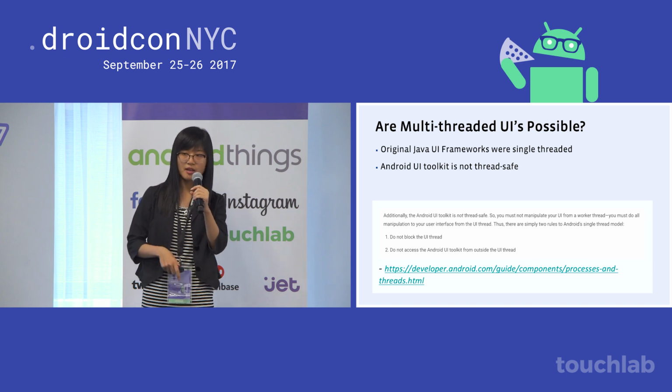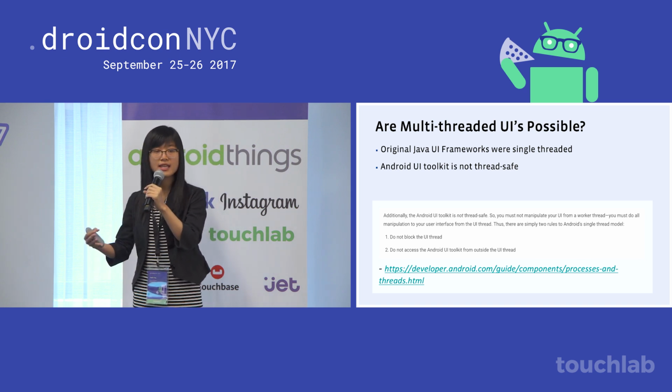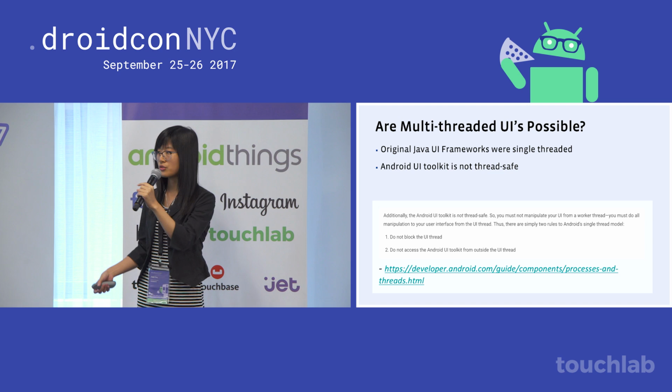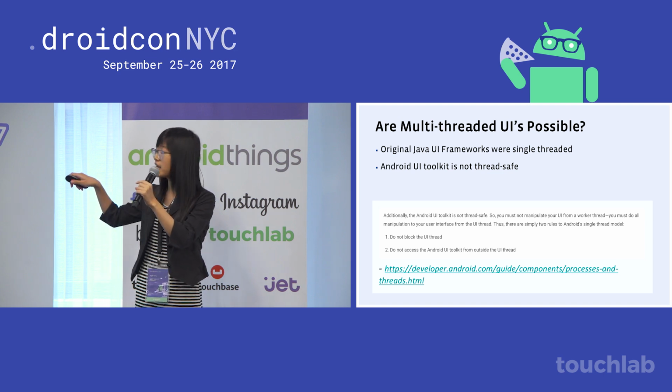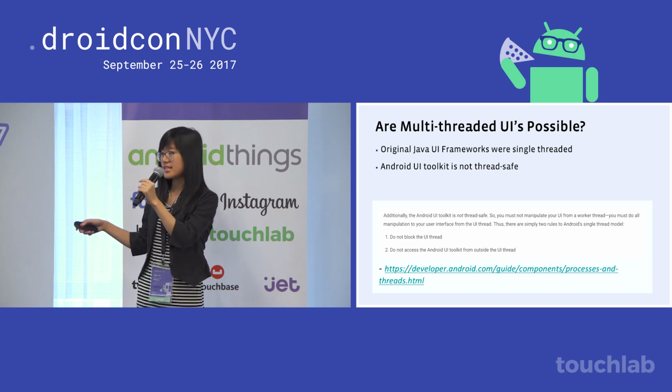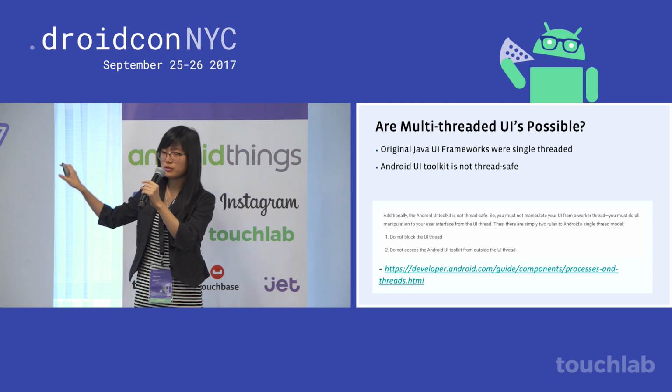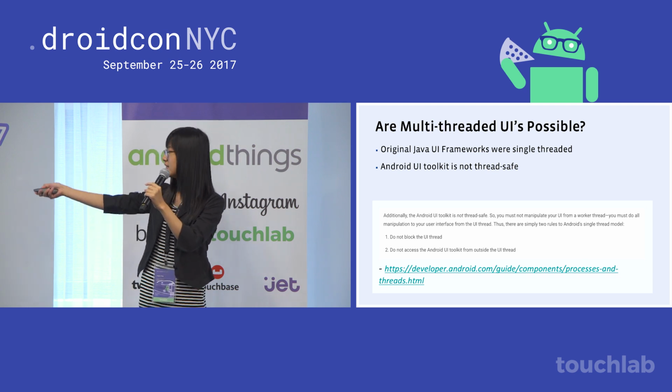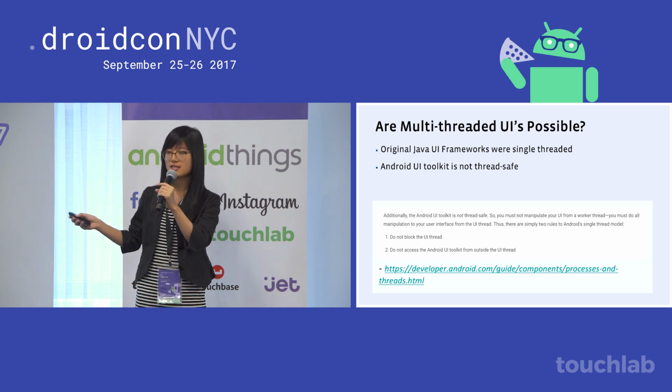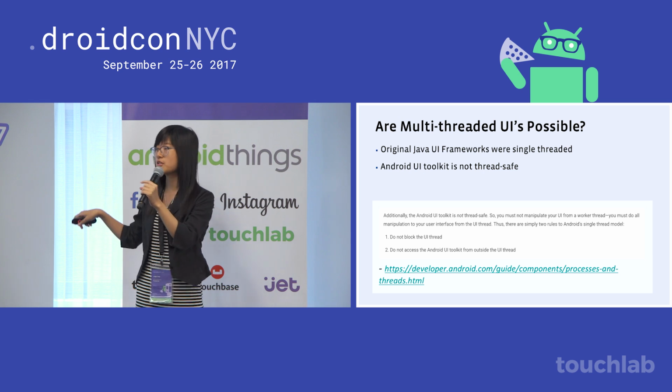Around the same time, Android was being developed, and its UI toolkit is also single-threaded. The Android developer guide says the Android UI toolkit is not thread safe, and at the end it also says, do not access the Android UI toolkit from outside the UI thread.